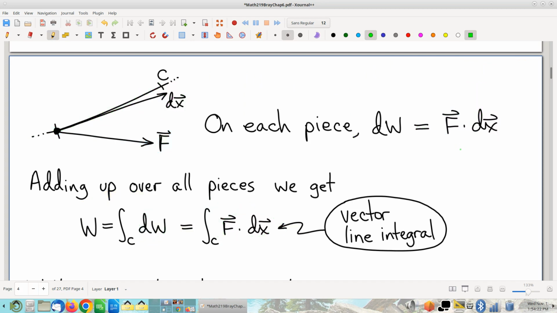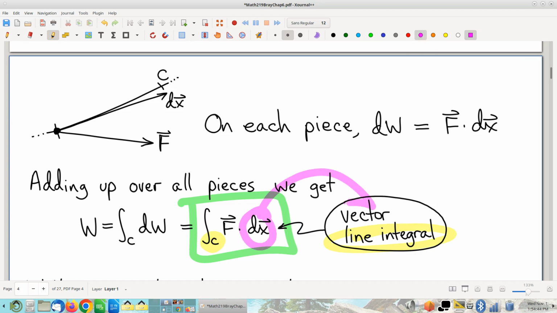you'll notice doesn't really look like a scalar line integral. And it fundamentally, importantly, isn't a scalar line integral. Now, I'm still adding up over a curve, so it still makes sense to call this a line integral, right? But notice a couple of particularly noticeable things. The differential is a vector. By the way, that's pretty crazy. We've never seen that before, right? An integral where the differential is a vector.